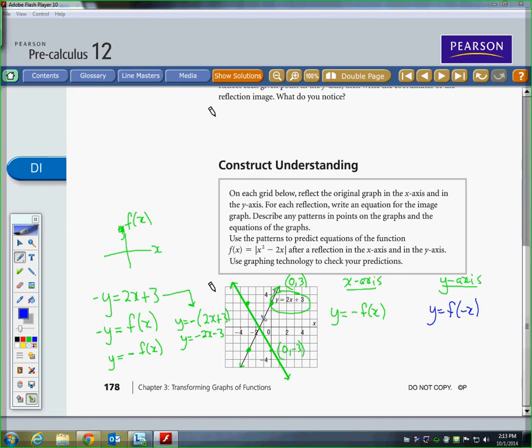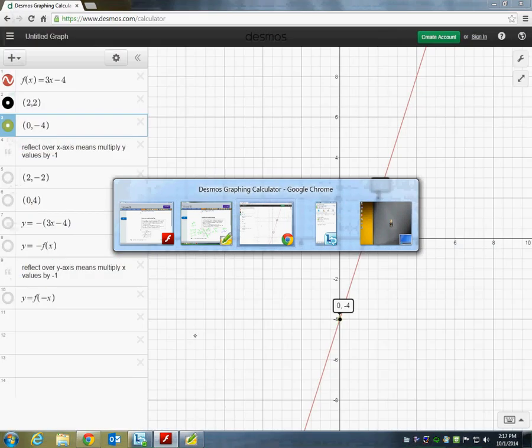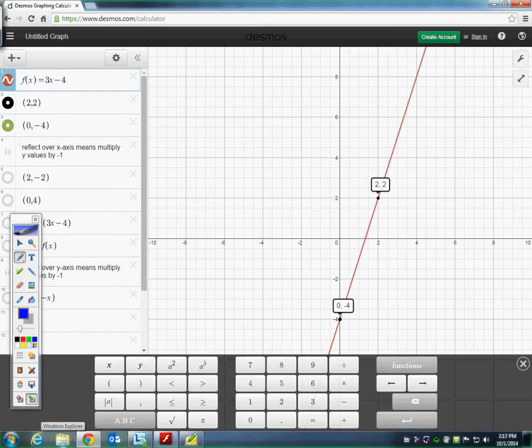It's getting kind of messy, so instead of writing on that, I'm going to switch over to my graphing software. So I've got 2x plus 3 as my original one. Okay, I'm going to make some changes. I'll change this to 2x plus 3.